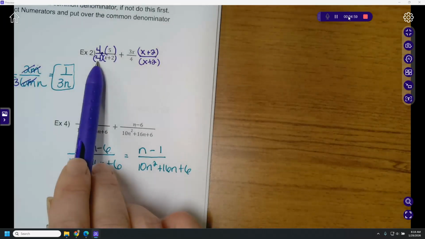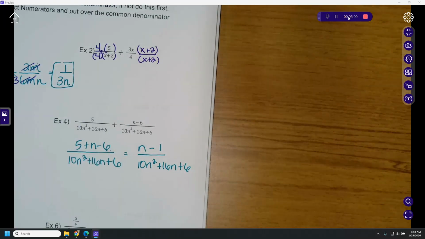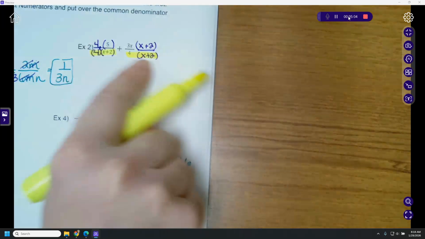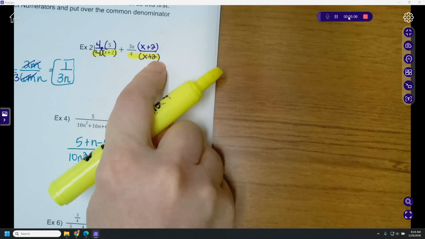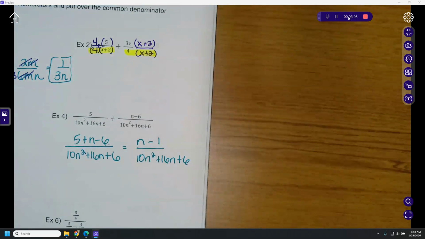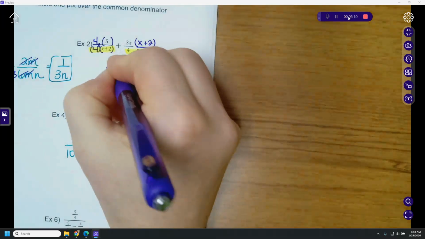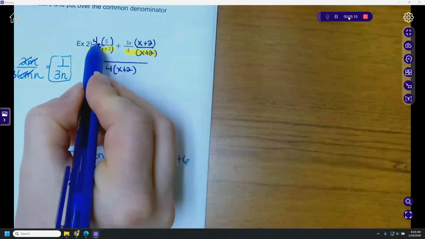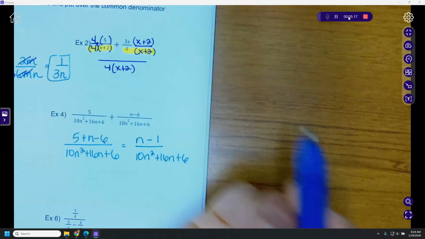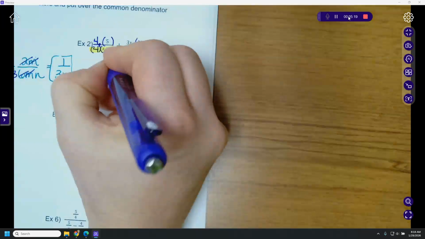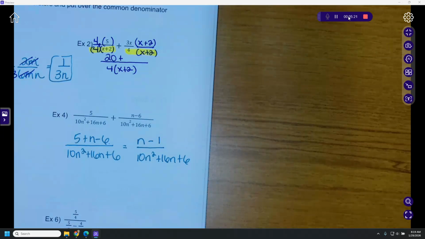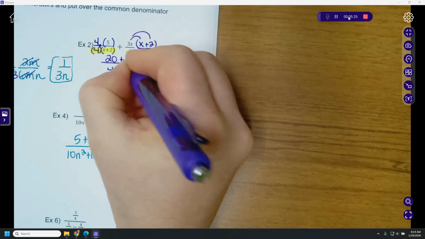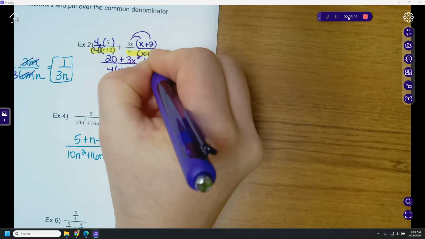So now, do you see on the bottom, take a look at the bottoms. Both of these have a 4 times an x plus 2. So my common denominator is 4 times x plus 2. Now let's add the tops. What's 4 times 5? We have 20. And then over here, we have plus 3x squared plus 6x.